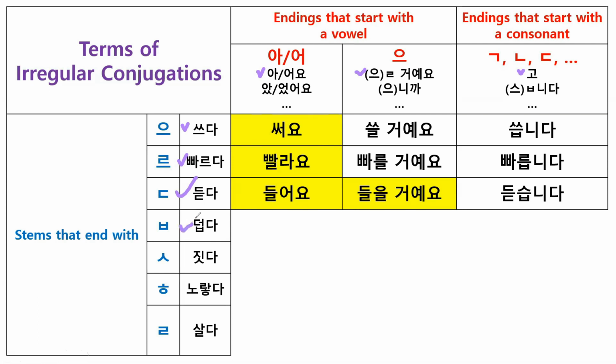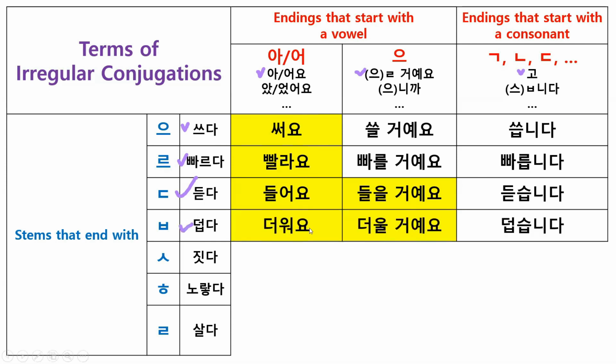Next, 덥다. 덥다 becomes 더워요, 더울 거예요, 덥고. So, 덥다 with the endings that start with a vowel, they are all irregular conjugation. And with endings that start with a consonant, regular conjugation.